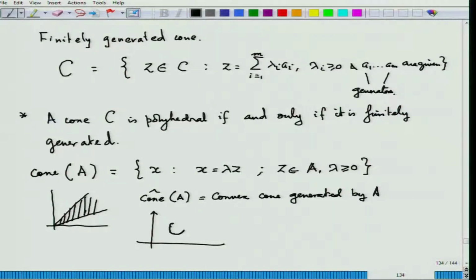Any cone that is generated in this fashion has to be a convex cone.